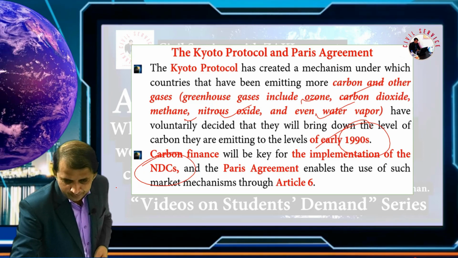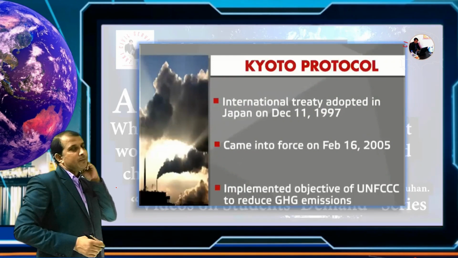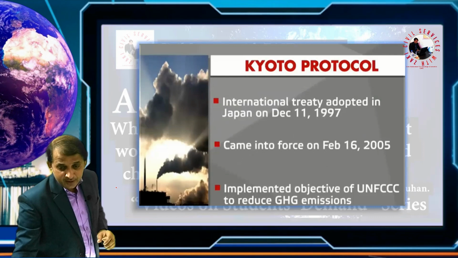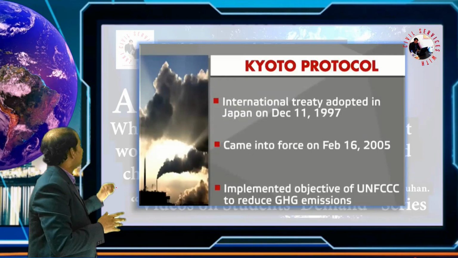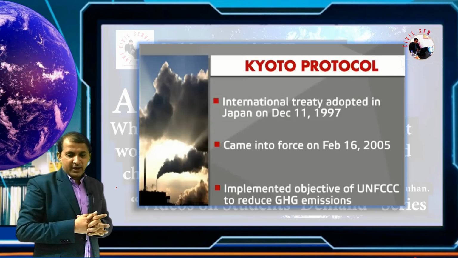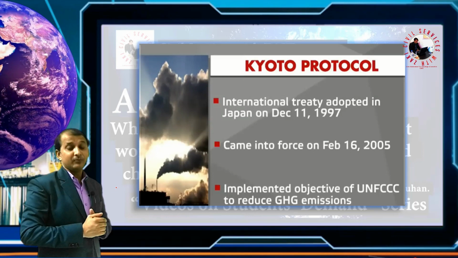Let's see the Kyoto Protocol in brief. The Kyoto Protocol treaty was adopted in Japan on 11th December 1997 and came into force on 16th February 2005.